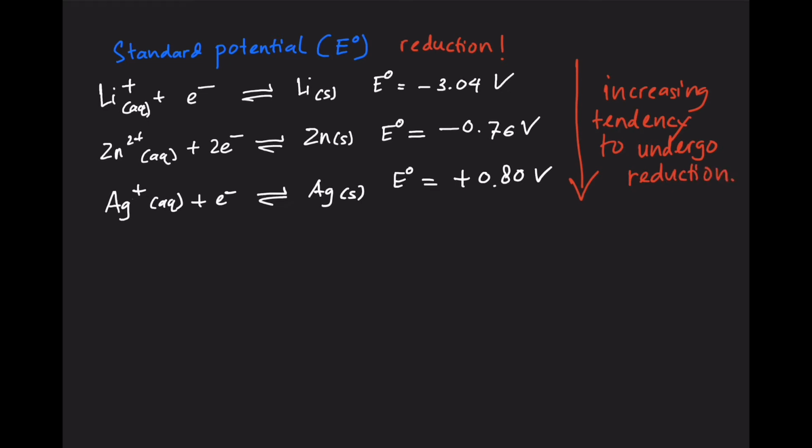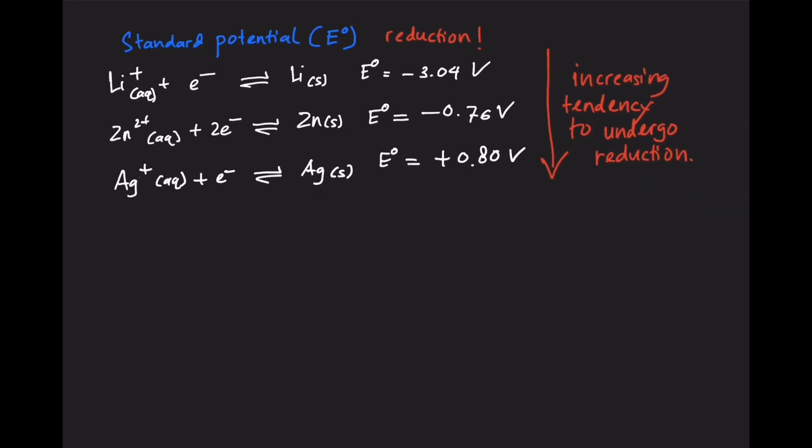Therefore, say if you would like to have several different pairings, what if you pair the Ag system and the Zn system? In this case, because Ag+ becoming Ag has a larger E0 than Zn2+ becoming Zn, Ag+ becoming Ag will undergo the reduction, and therefore it will become the cathode.